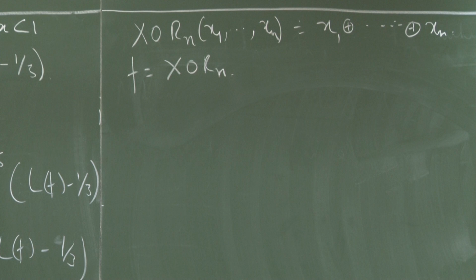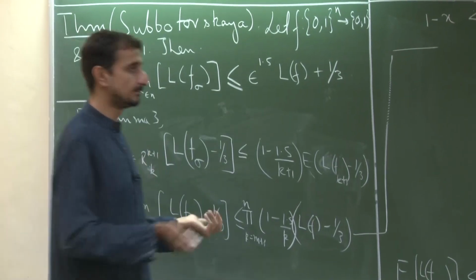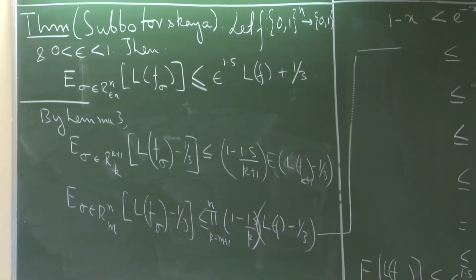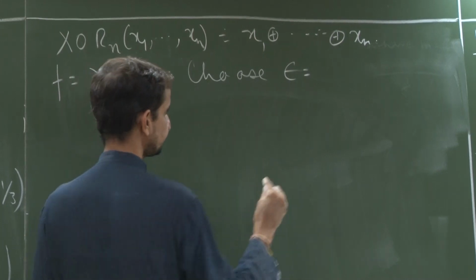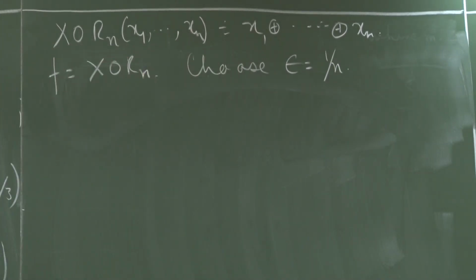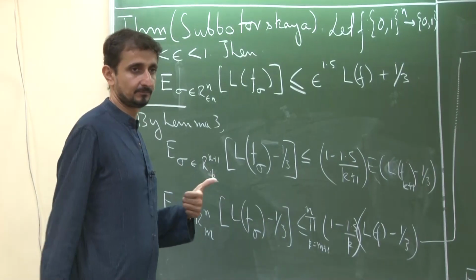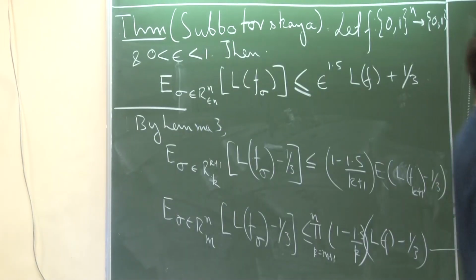So, I will choose an epsilon which fixes n minus 1 variables and only one variable remains. Okay. So, I will choose epsilon to be what? One over n. Okay. So, if epsilon is chosen as 1 over n, then m becomes 1. So, only one variable is free.